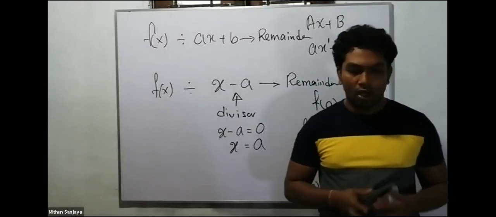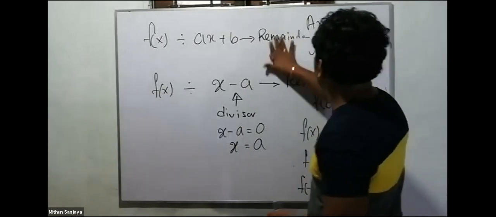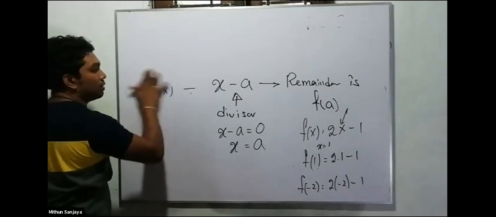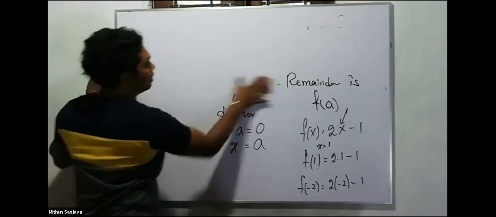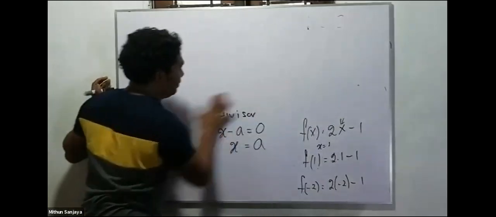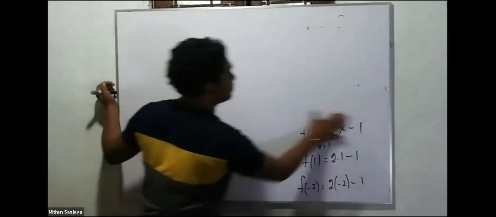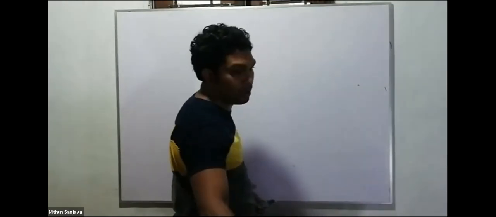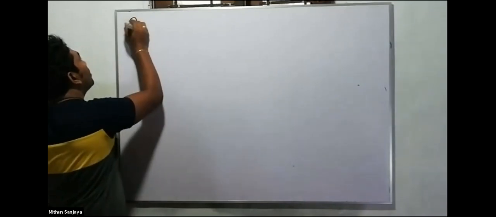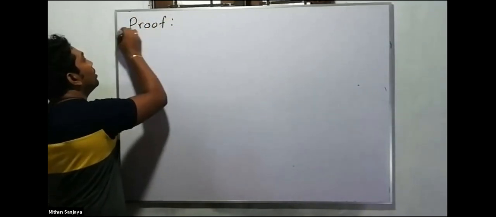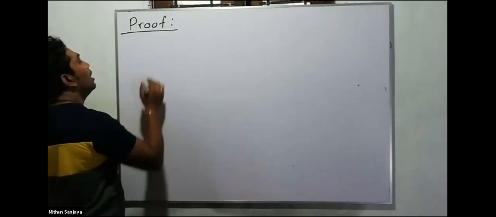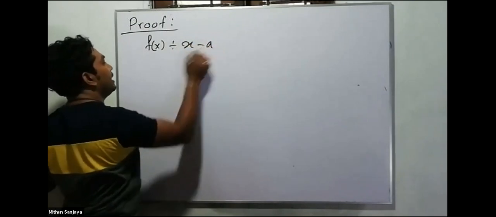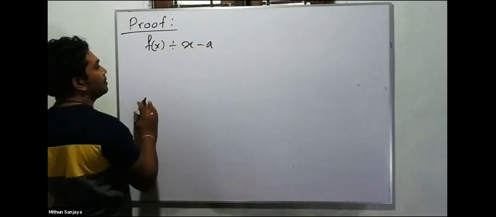Now we come to the proof. Write down proof. In the examination, we need to know this. We have f(x) divided by x minus a. How can we write it?